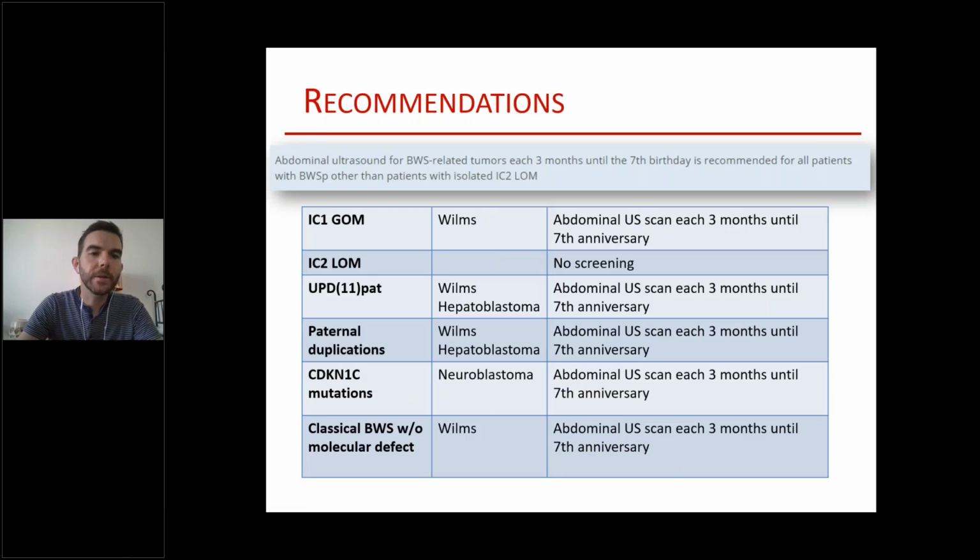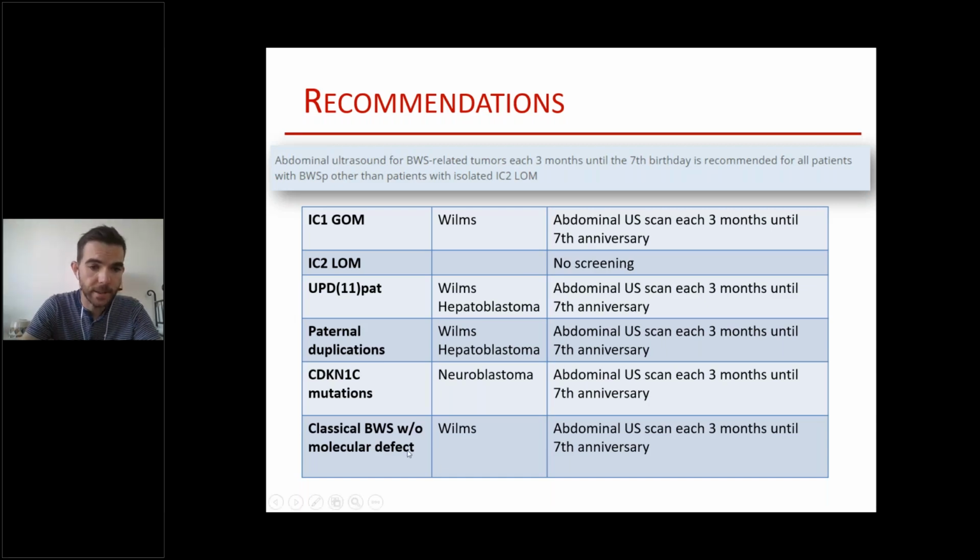So when we made recommendations for tumor screening, we took into account these specific risks depending on the type of molecular defect. We recommended that abdominal ultrasound should be performed every 3 months until the age of 7 years for all patients, with the exclusion of patients with ICR2 loss of methylation, because of the low risk of abdominal tumor in this specific subgroup.